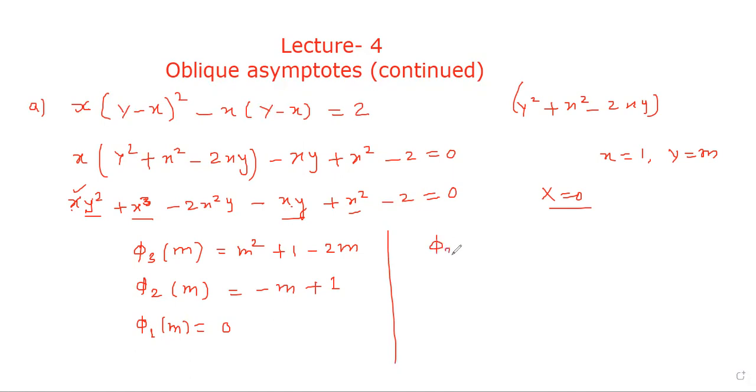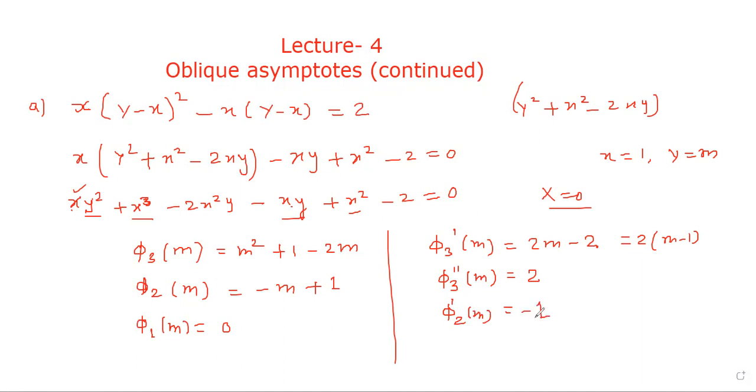So phi 3 dash m will be 2m minus 2, or 2 common, m minus 1. And if we find the second derivative, phi 3 double dash m, this will be just 2. And the first derivative of phi 2 of m, phi 2 dash m, will be minus 1.